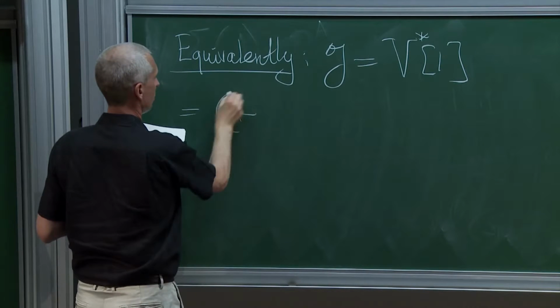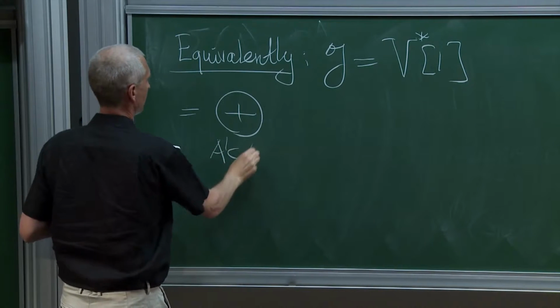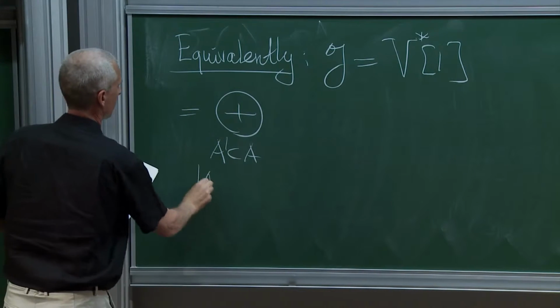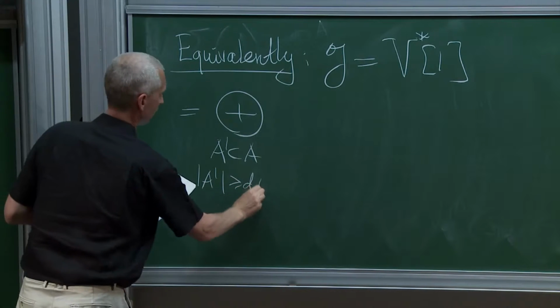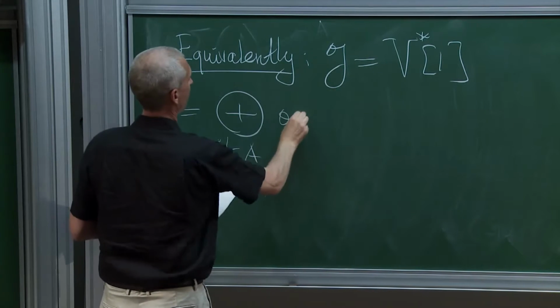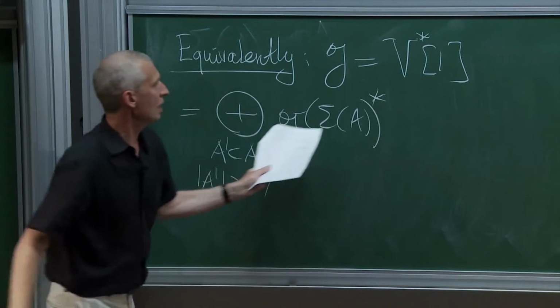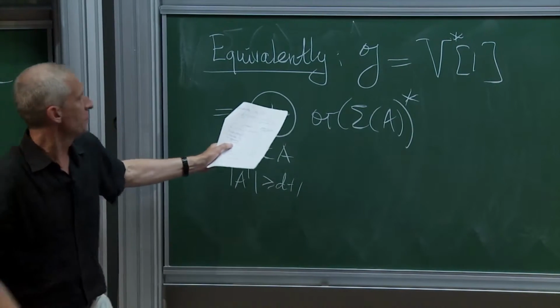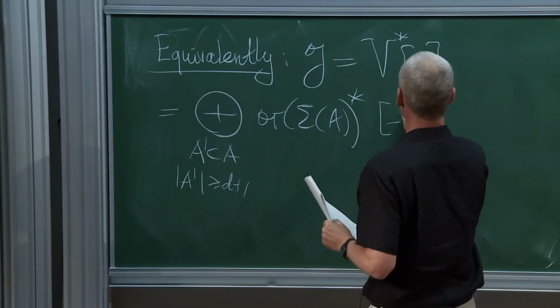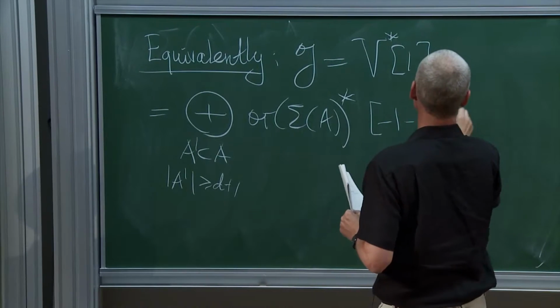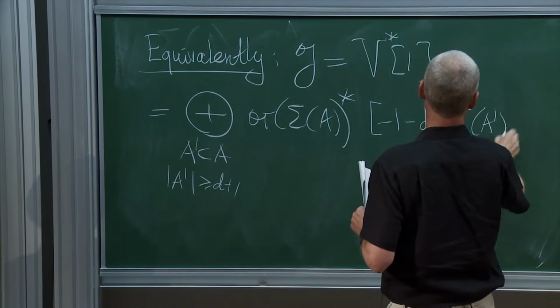Again, it's a direct sum over subsets A prime in A, with cardinality of A prime greater than d plus 1. And here I have the orientation space. It can be dualized, or not dualized; it's identified with its dual. Here I write -1 minus dimension sigma of A prime.